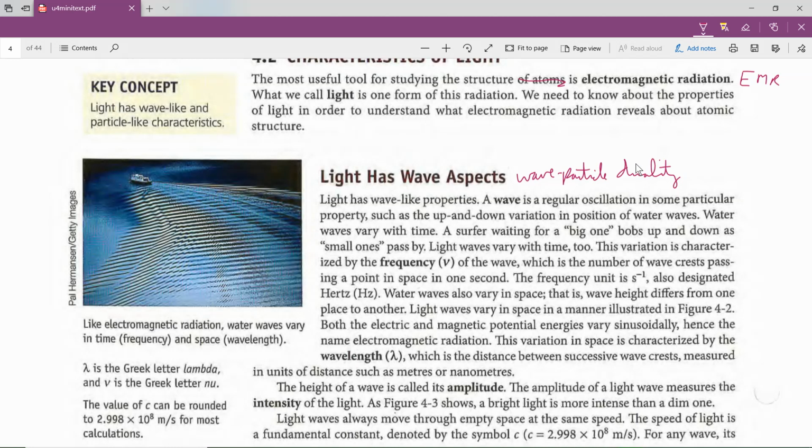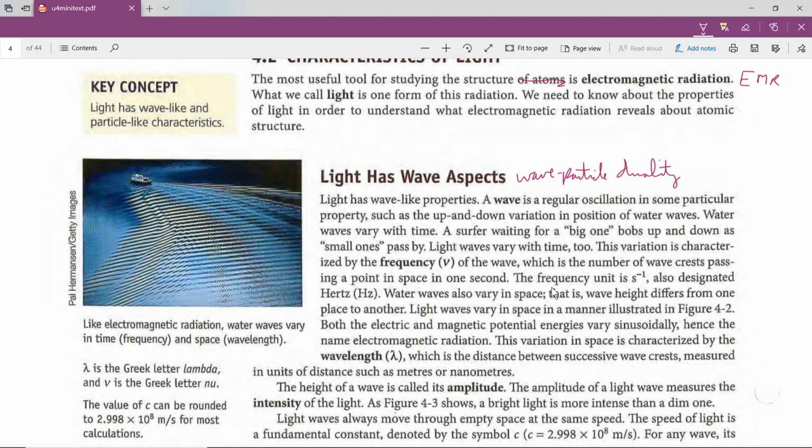A wave is a disturbance through time, a regular oscillation which carries energy. Oscillation, vibration, and some particular properties such as the up and down variation in position of water waves. That's an example. A surfer waiting for the big one bobs up and down as small ones pass by. Light waves vary with time too.